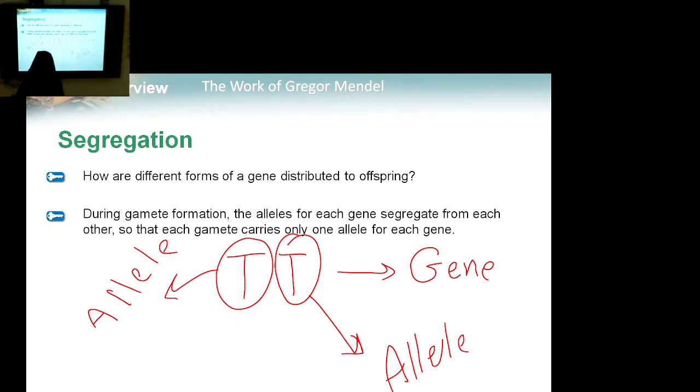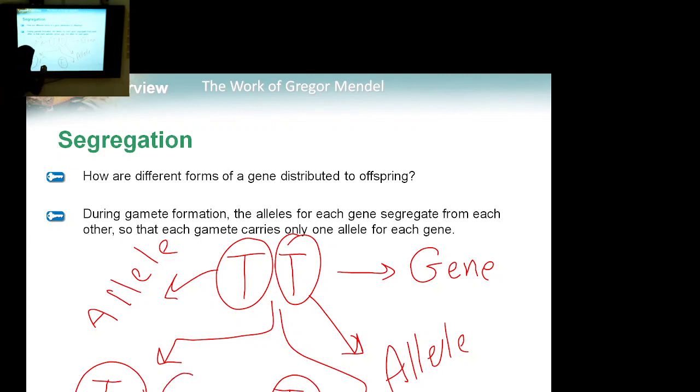The principle of segregation means that I will have to separate these two alleles from each other to form two gametes. I will take the first T, this is the first gamete, and I will take the other here. This is the second gamete. So these two gametes will be formed by the principle of segregation.